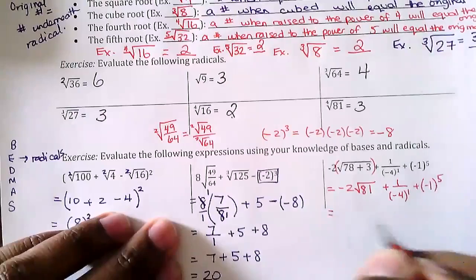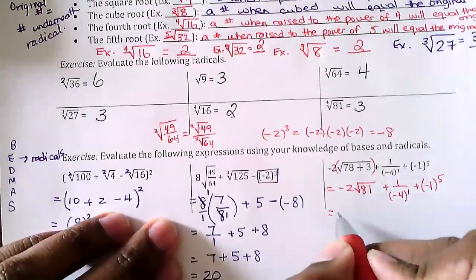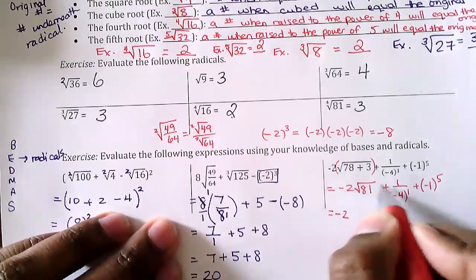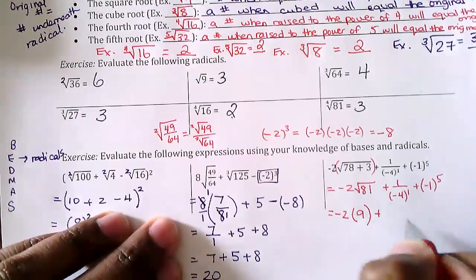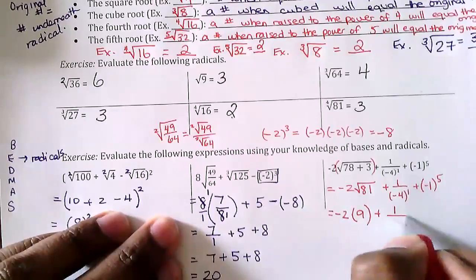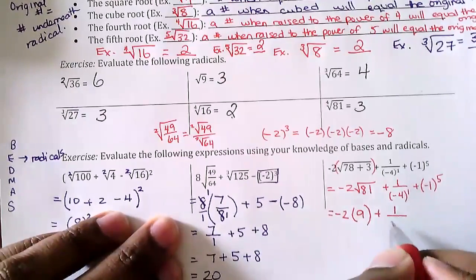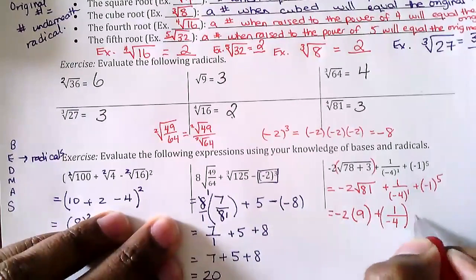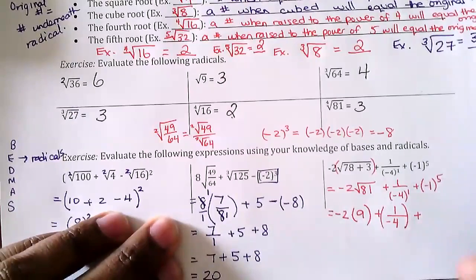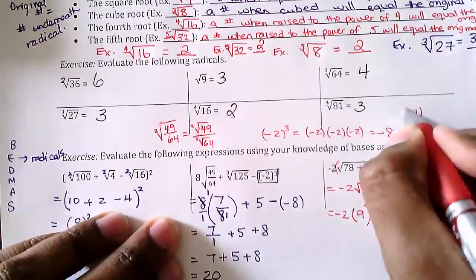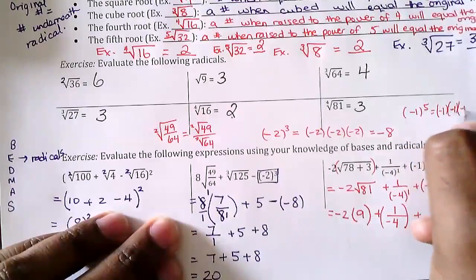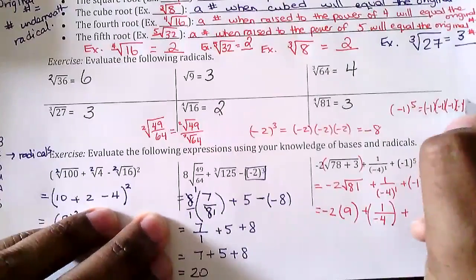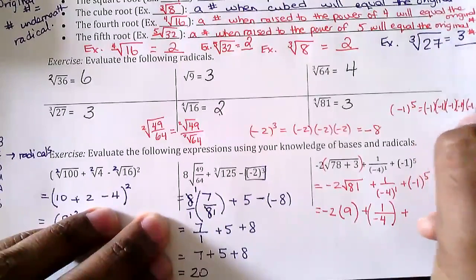So now that we have some exponents and radicals left, let's solve them. So -2, I'm going to copy. What's the square root of 81? Well, that's just 9. Plus, here I have 1 over -4 to the power of 1, which is just -4. Plus -1 to the power of 5. Again, you might need to do this on the side. -1 to the 5 is -1 times -1 times -1 times -1 times -1.